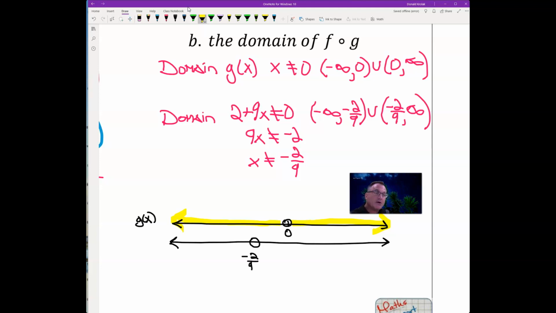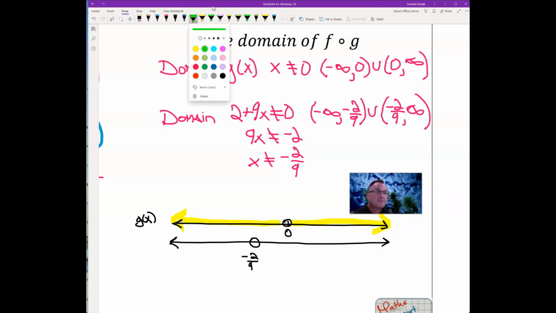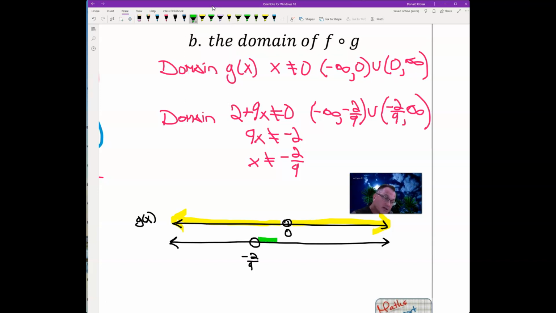Now down below we have a similar domain, but it's negative 9 over 2. It can't equal negative 9 over 2. So I would color to the right of this. Okay, that's this section right here, and to the left of that.